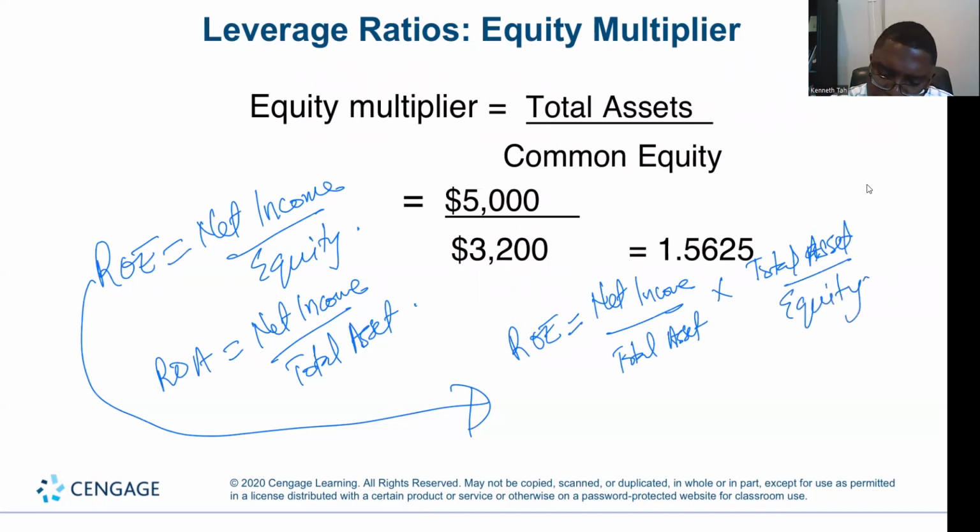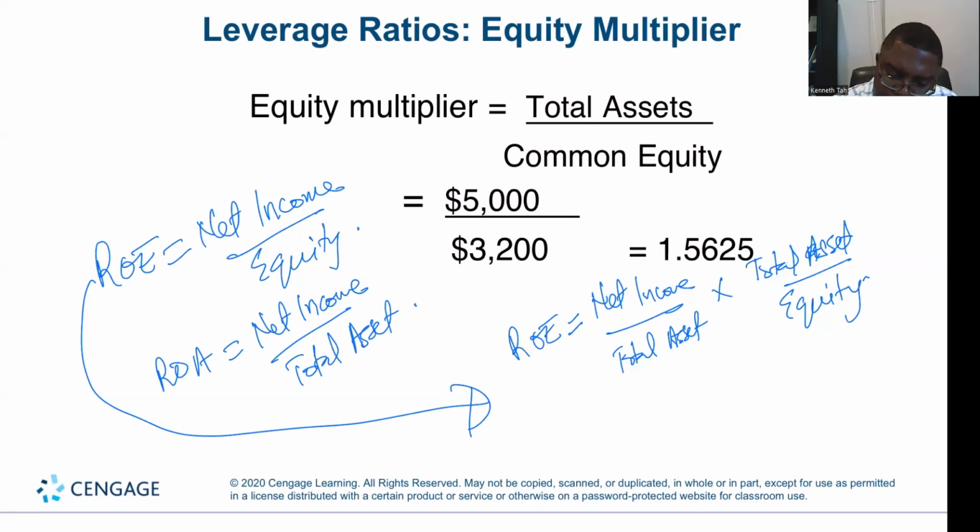Nothing has changed because I can cancel the two total assets. If I do that, then return on equity is basically net income divided by equity, which is what we had established before.